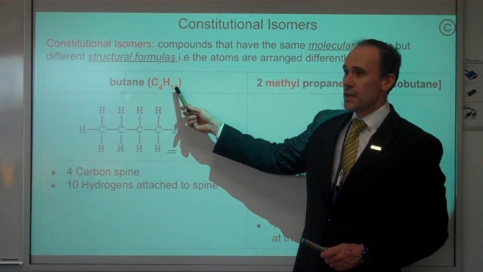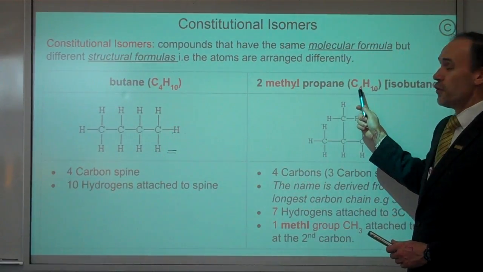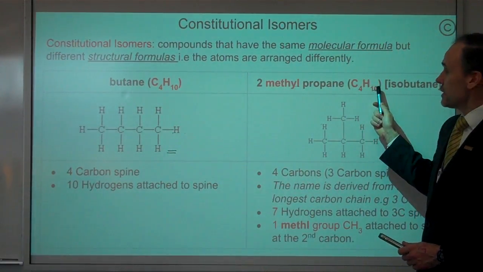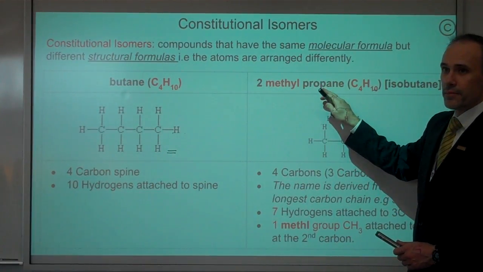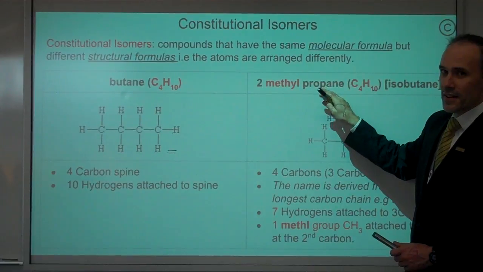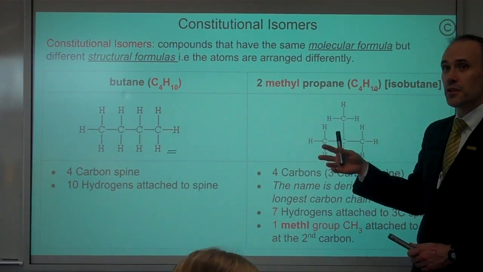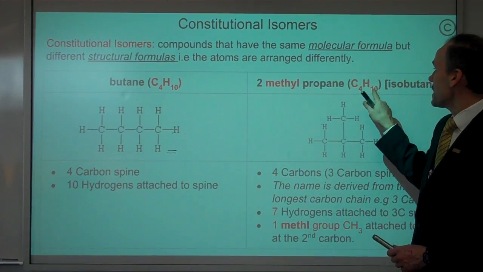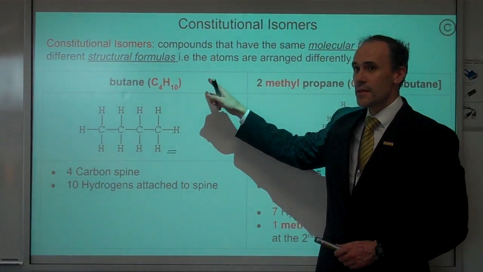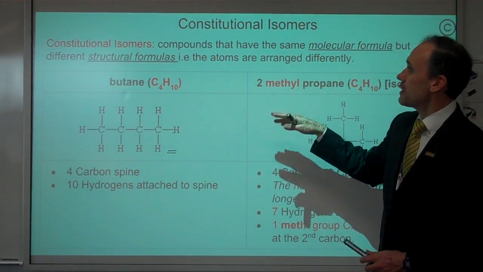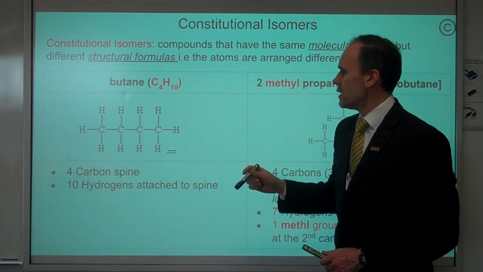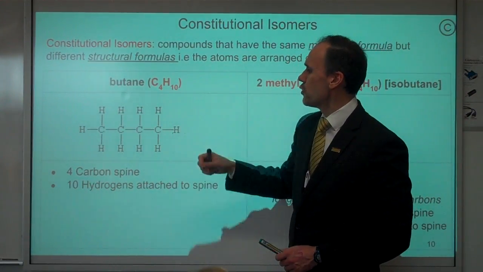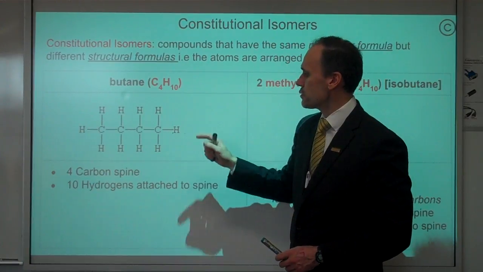How many hydrogens? 10. C4H10. Also, same chemical formula, but this is 2-methylpropane. Drawn different. Well, that's what a constitutional isomer is. It has the same chemical formula, but a different structural diagram. I should put structural diagram rather than, or structural formula would be fine, and structural diagram.